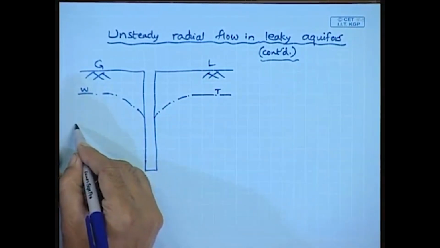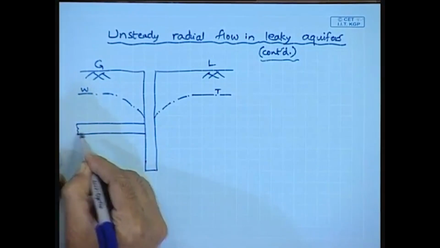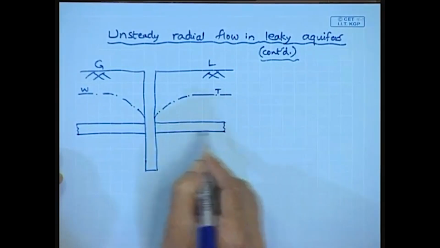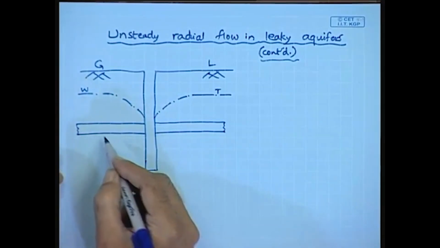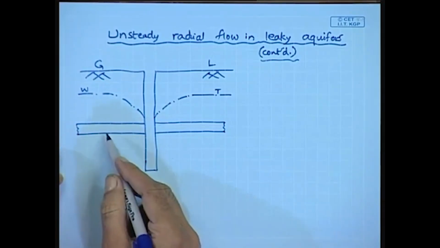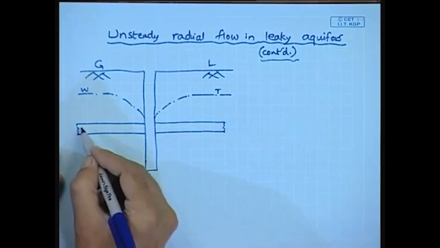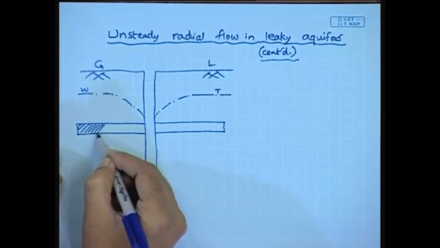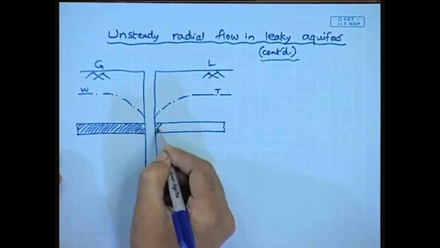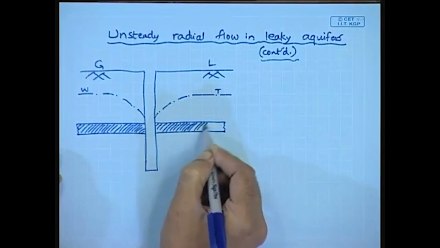For simplicity we are considering this aquitard, that is the semi confining layer, only at the top, although actually the aquitard can be at the bottom also instead of the top, or it can be both at the top as well as bottom, which was briefly listed in the previous lecture. But for simplicity we are considering only the top aquitard or the top semi confining layer.